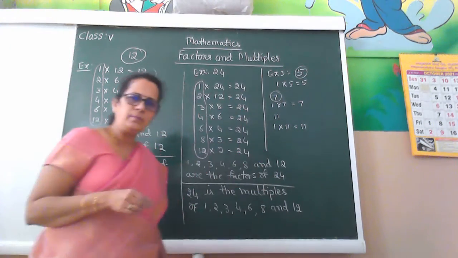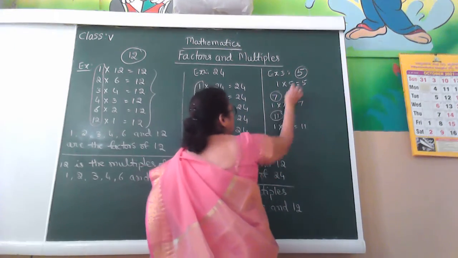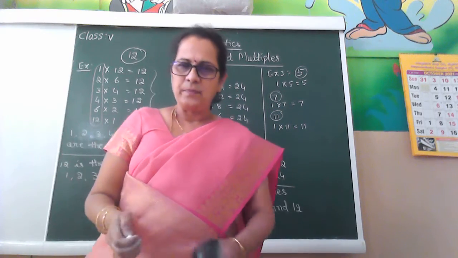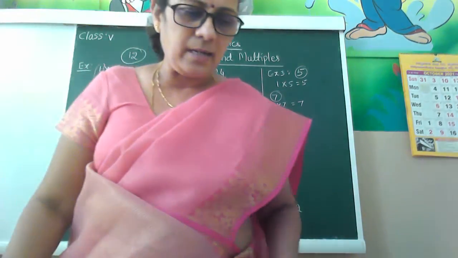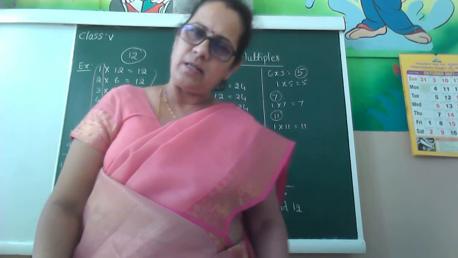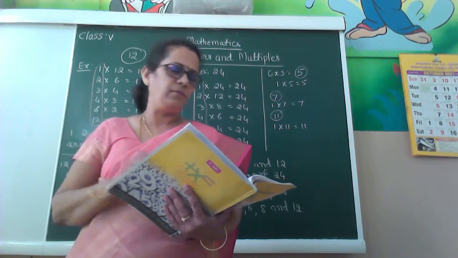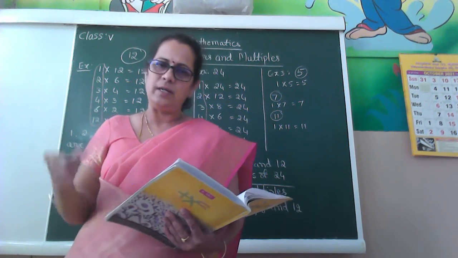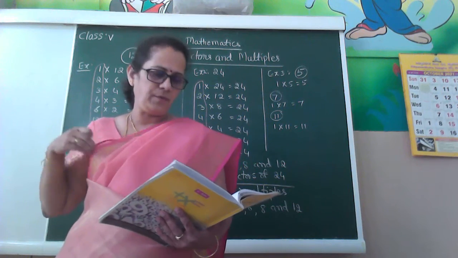So in the table of 5, 7, 11, only it is multiplied by 1. So every number is a multiple of 1. Every number is a multiple of 1. Take any number, it is a multiple of 1.